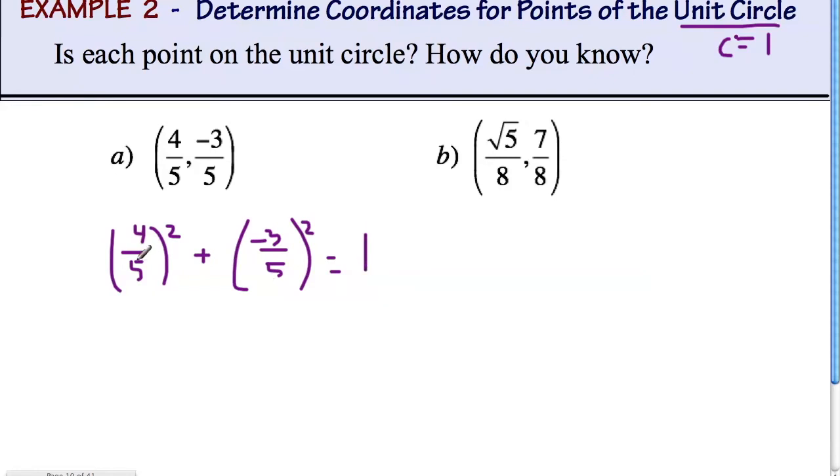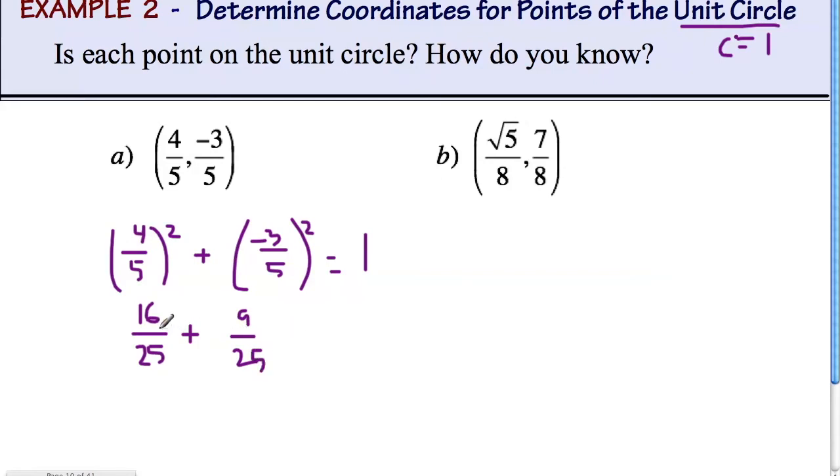So let's just do some basic math. 4 squared is 16, and 5 squared is 25. And we add it to negative 3 squared, which is 9, and 5 squared is 25.